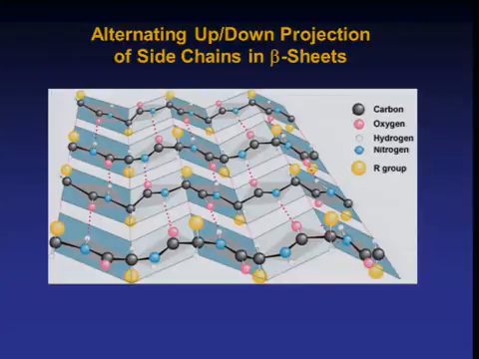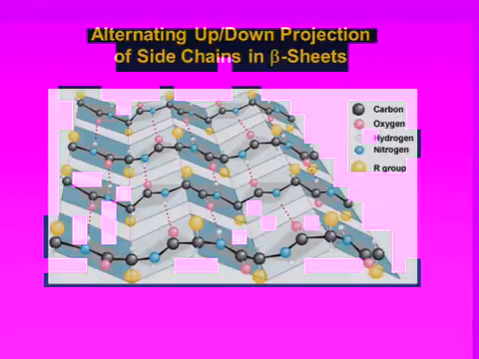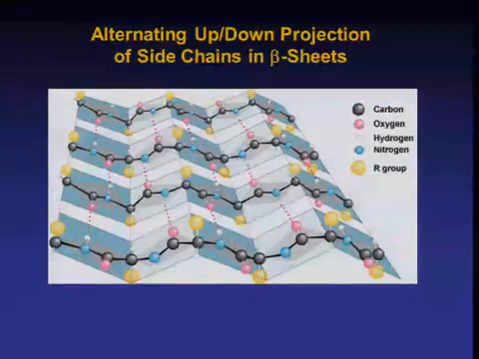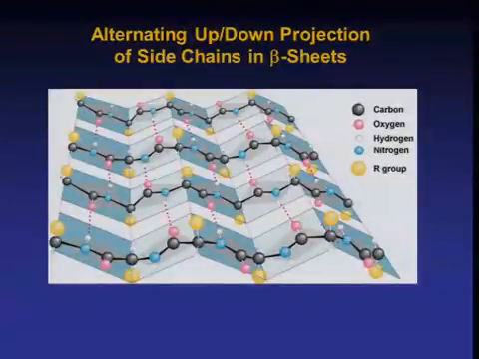So if you just kind of take a step back, right, what is it that this structure really is? Right? It's a sheet, and really you have all these R groups projecting up in one orientation, and then a bunch of others pointing down. So they can have all the residues, let's say on one side, have one property, and all the ones on the other one. So if you had this beta sheet, and it was involved in packing, right?